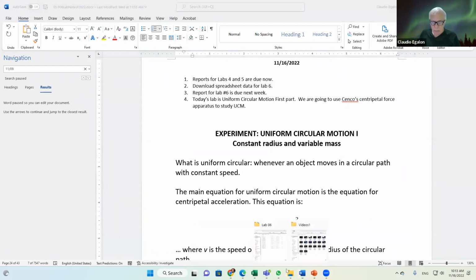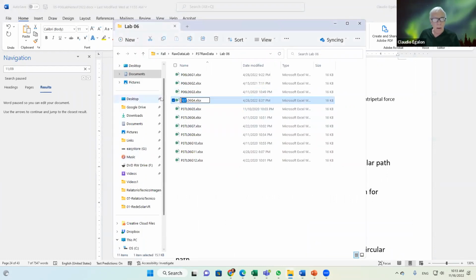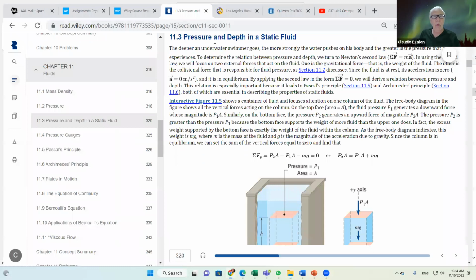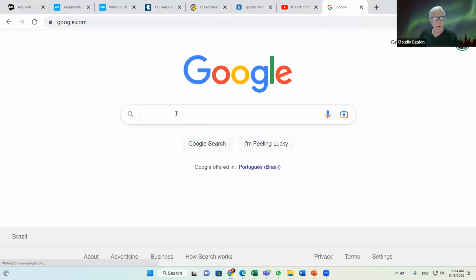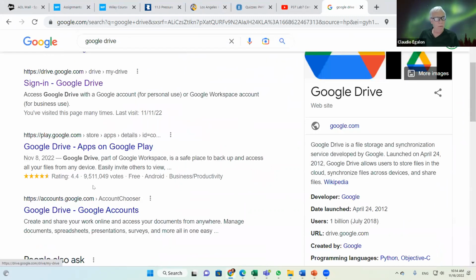Okay, so now let me continue here. I have everything here ready to go. I'm going to upload this spreadsheet to your group folder. I'm in Google Drive.